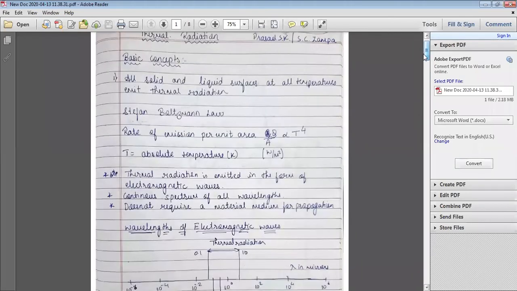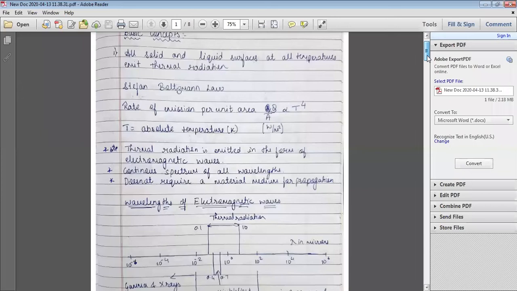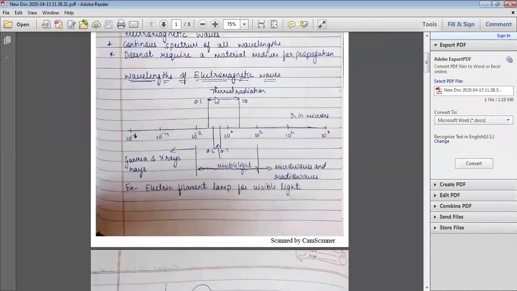All solid and liquid surfaces at all temperatures emit thermal radiation, and this thermal radiation will be in the form of electromagnetic waves, which is a continuous spectrum of all the wavelengths, and this thermal radiation does not require any material medium for propagation. And for us, the majority of the thermal radiation will lie between 0.1 to 10 microns.